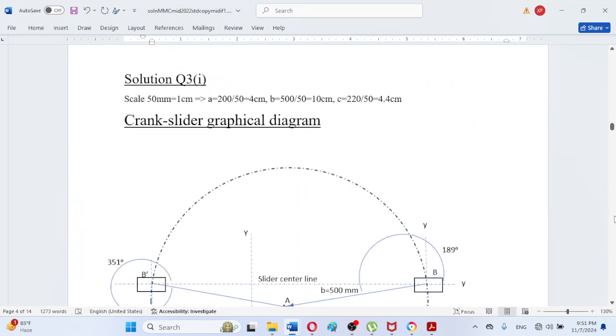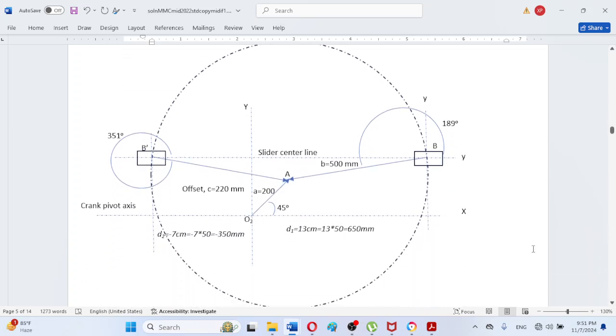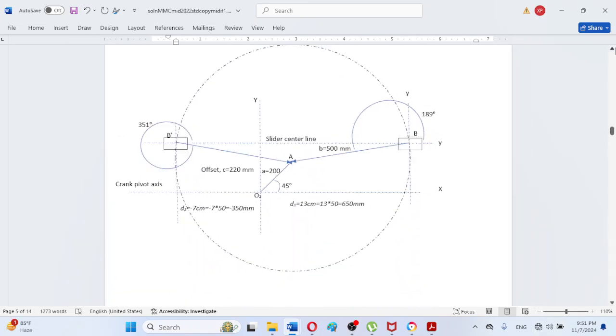on the next page. I have drawn this diagram on Microsoft Word, and the method I have explained many times already.